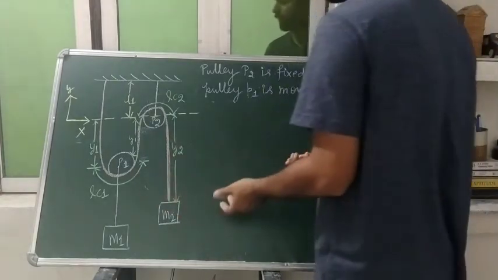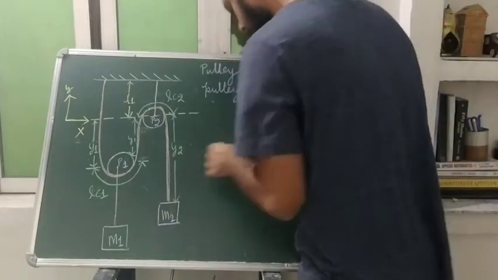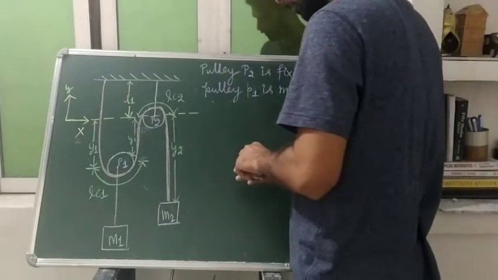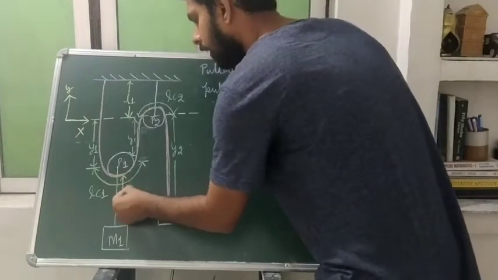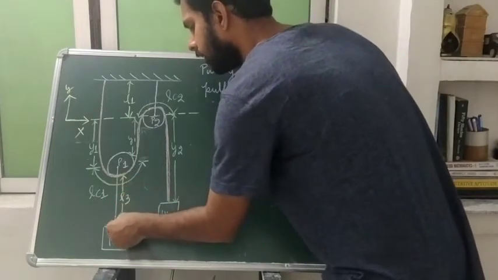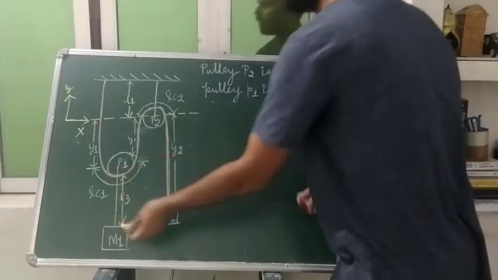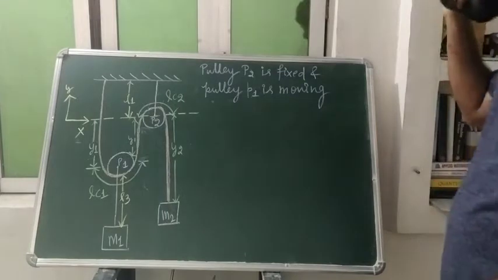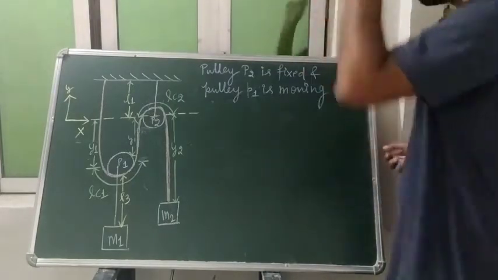And suppose this one is the second pulley, and suppose this one is our L3, the length present here. The length here is not going to change, it will always be constant. You will keep this point in your mind.